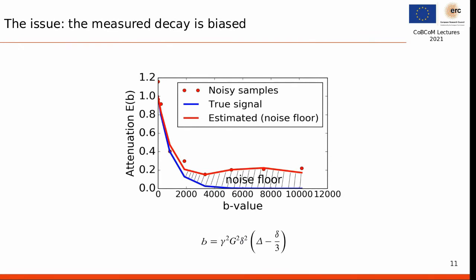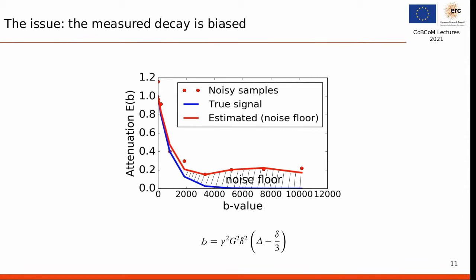So the issue here we want to tackle is that this measured decay is actually biased. So here I report some plots, and the blue one corresponds to the true signal decay as a function of the B value that we just discussed. However, when we go to measure, we obtain some noisy samples, and these provide us with an overestimation of the true signal.